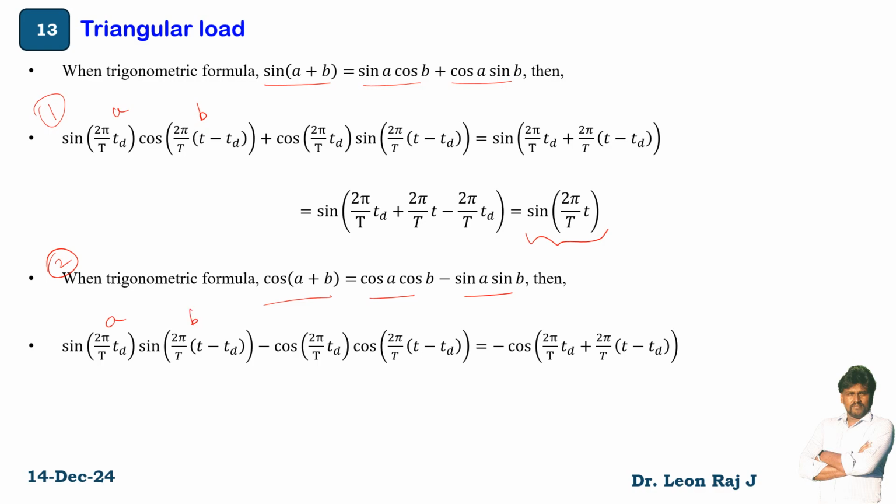If a plus b equal to, it's very simple. So a plus b is nothing but 2 pi divided by T into t. So you get minus cos into 2 pi t divided by capital T.